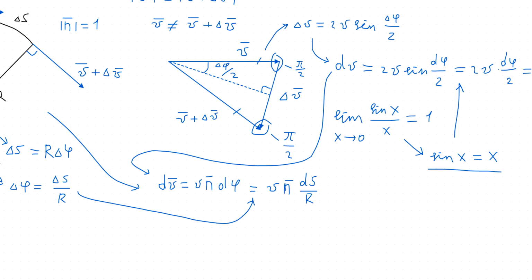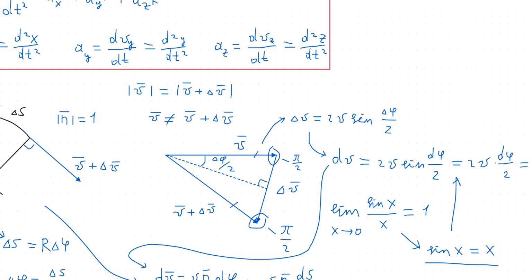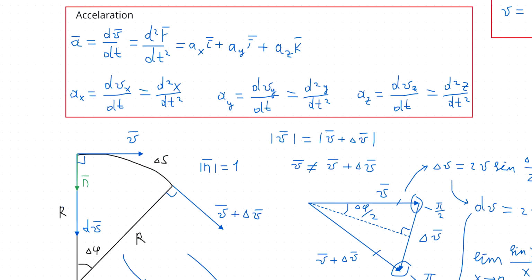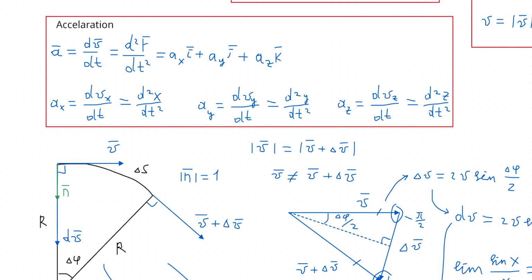How to define normal acceleration. Normal acceleration is a part of acceleration that shows change of direction of velocity.